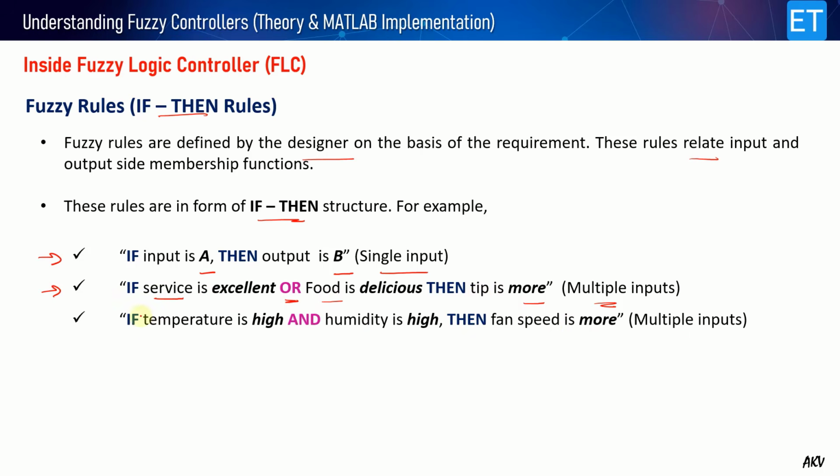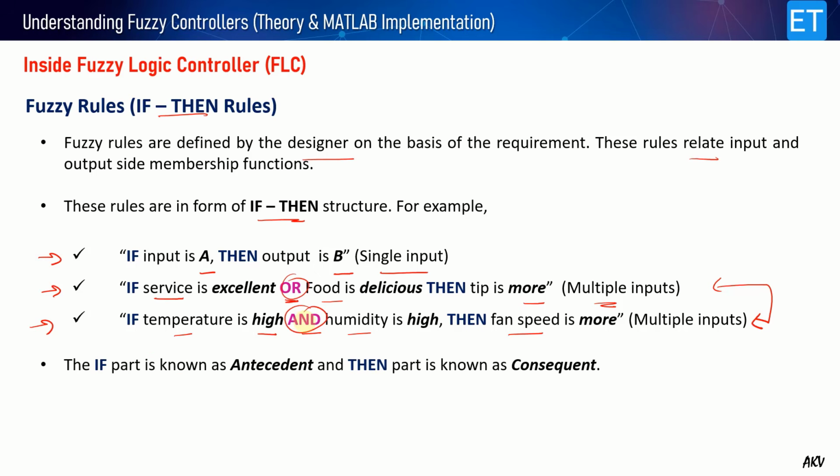Similarly, this is another statement: if temperature is high and humidity is high, then fan speed is more. Here temperature and humidity are 2 inputs and fan speed is the output. So what is the difference between these two rules? The difference is in the operations, OR and AND, right? These are a few examples of fuzzy rules.